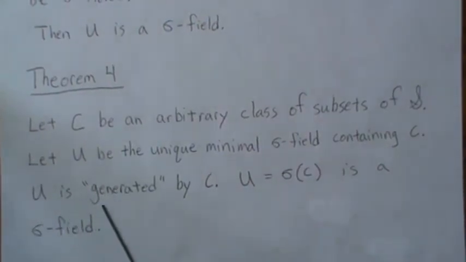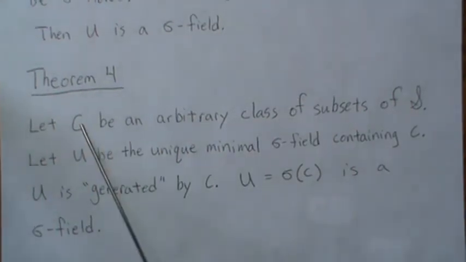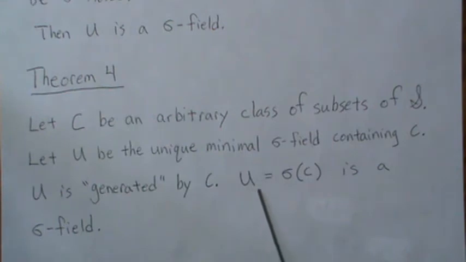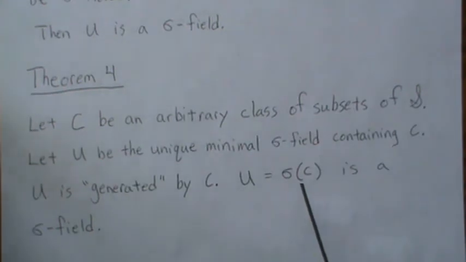And U is called the sigma field generated by C. So it depends upon what we have for C. If C starts out small, then this sigma field will be a little bit smaller. But if it's the whole set, well, then the sigma field is the power set. But it is a sigma field. We have a unique representation of that.